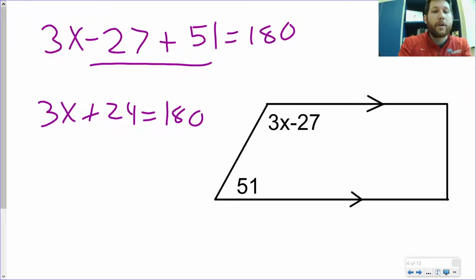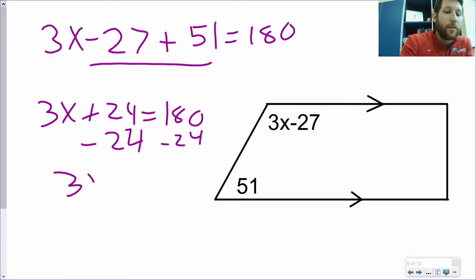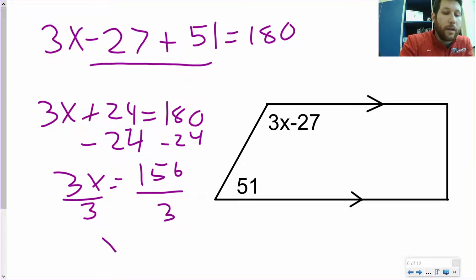All right, now notice if it's on the same side of the equation, we're going to use the same signs, minus 27 plus 51. We're not going to do the opposite. Now, if we're going to opposite sides of the equal sign, we're going to use our opposite signs. So I'm going to do minus 24 on both sides here. So I get 3x is equal to 156. And I'm going to divide by 3, and I get x is equal to 52.